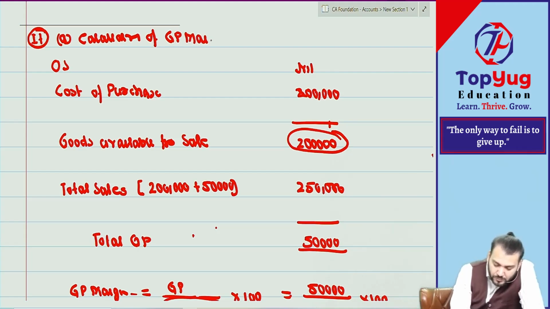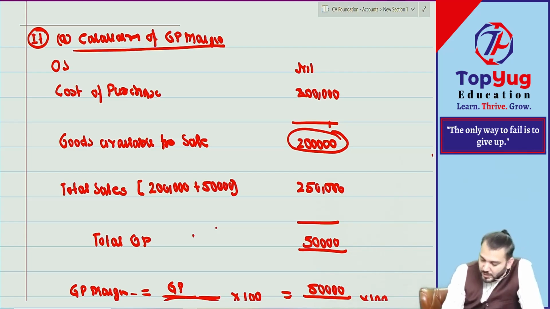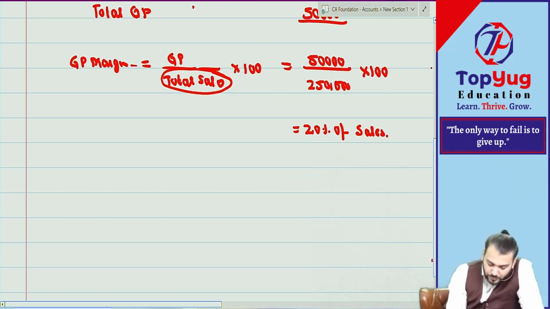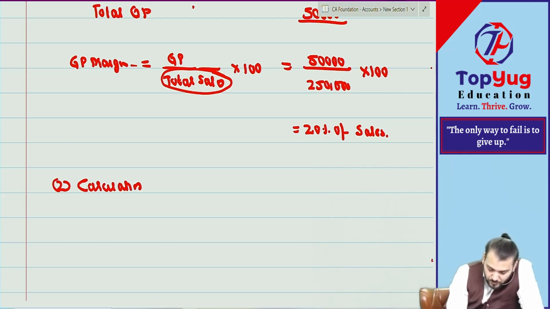Correct. Then point number 2, cost price of closing stock.